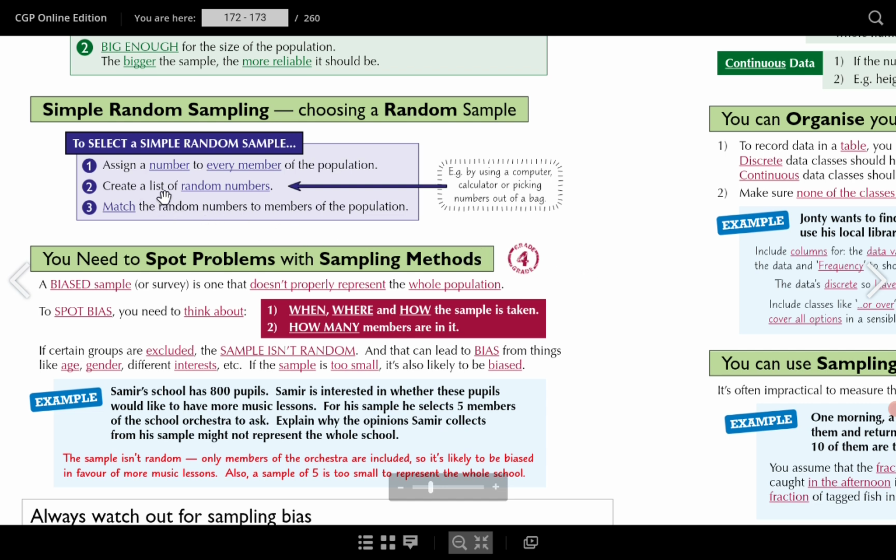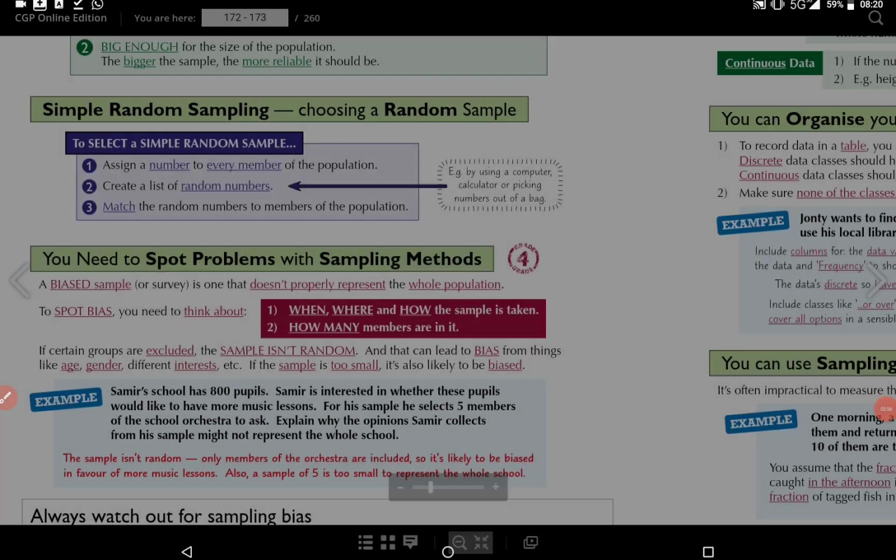Then we create a list, where each number represents a particular member, and match the random numbers to the members of the population. Then you're just picking them. You can pick using a computer, or you can put them in a bag and pick randomly. All those methods work, but the whole point is that the sample you're picking has to be random.